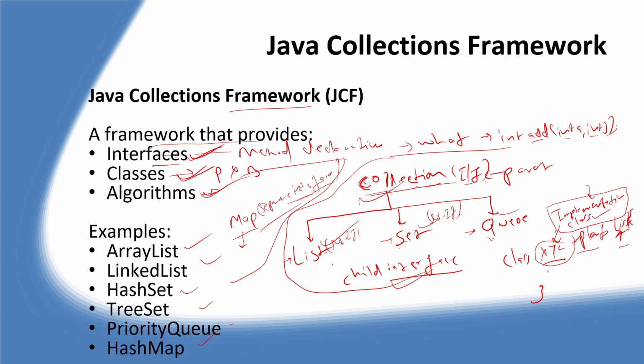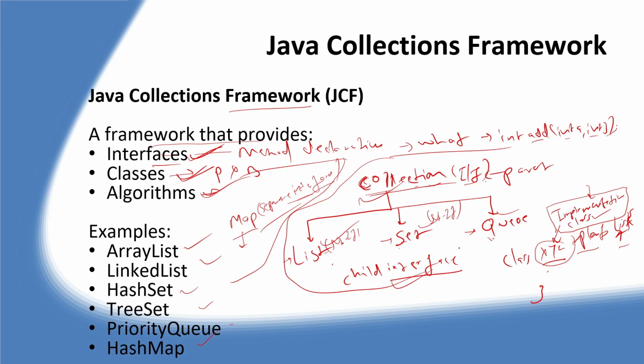Now I will go through the hierarchy part. As per this diagram, the collection interface at the top is further extended by list, set and queue.